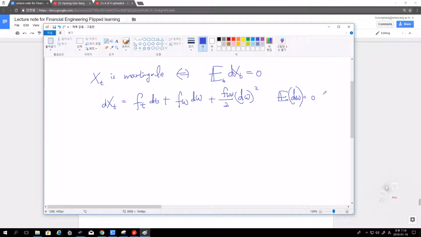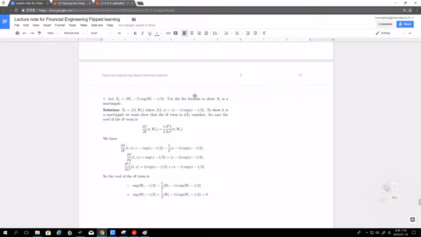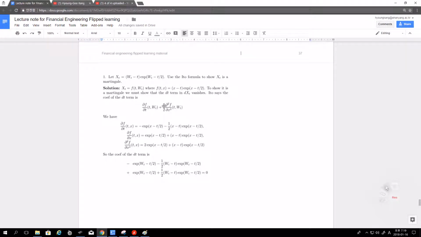So this is a martingale when ft dt plus fww over 2 dw square becomes 0. So let me show this one: W is a martingale.